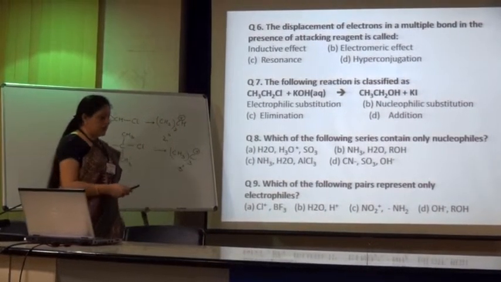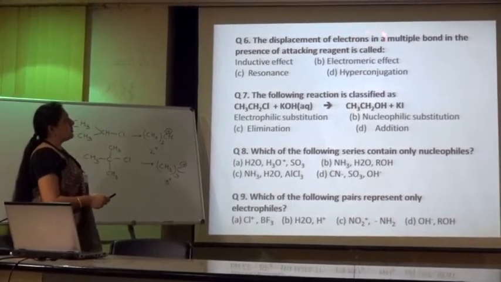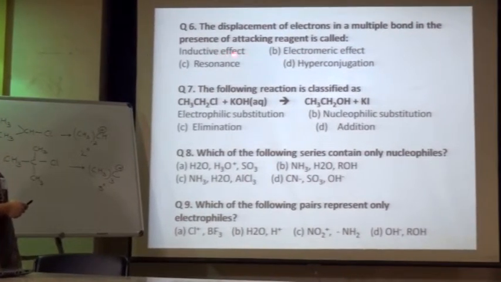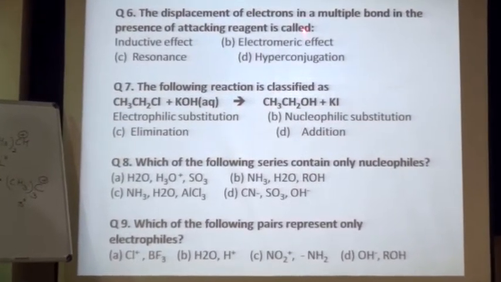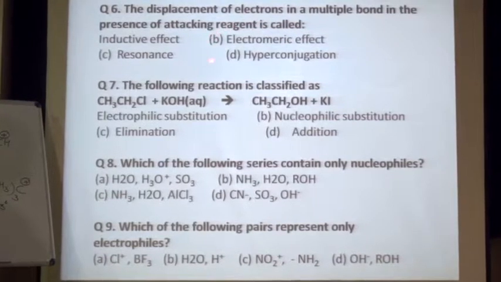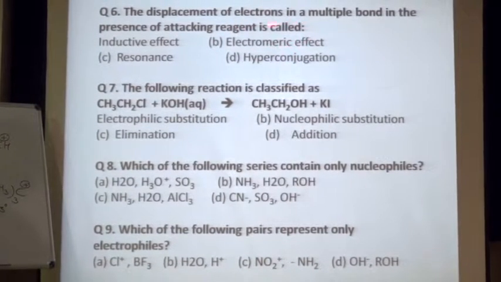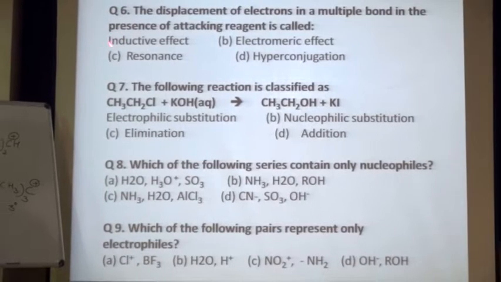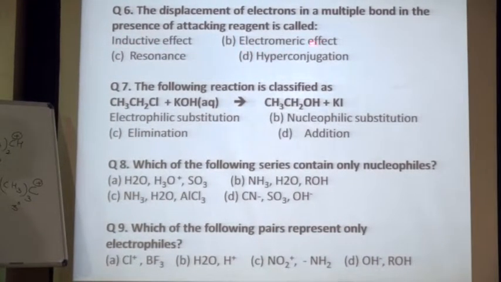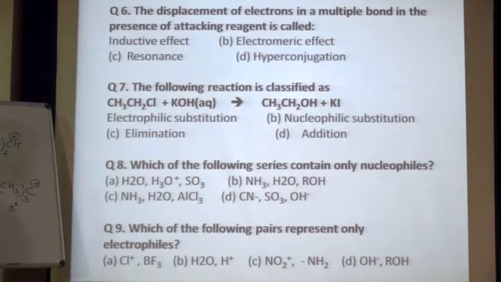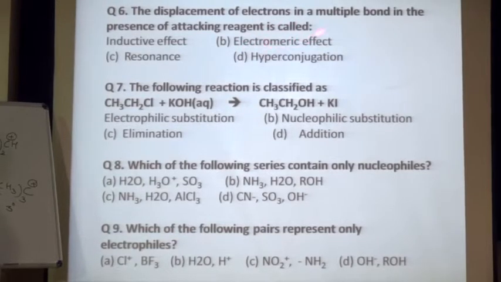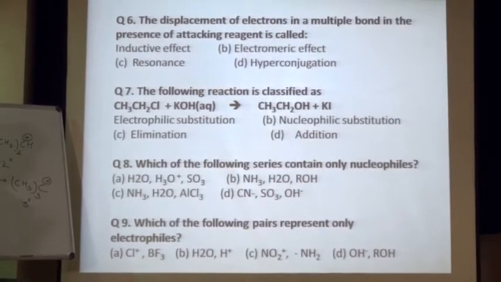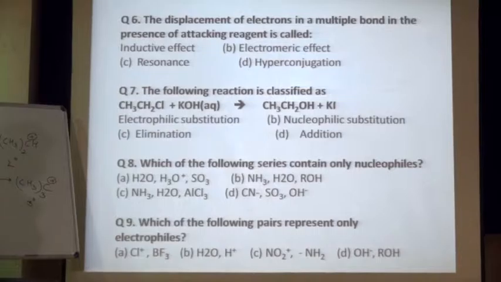Now let's go to the next question. The displacement of electrons in a multiple bond in the presence of an attacking reagent is called the electromeric effect. The A is missing here, but your answer is electromeric effect. Should I repeat, or is the electromeric effect clear to you? No problems? Okay.